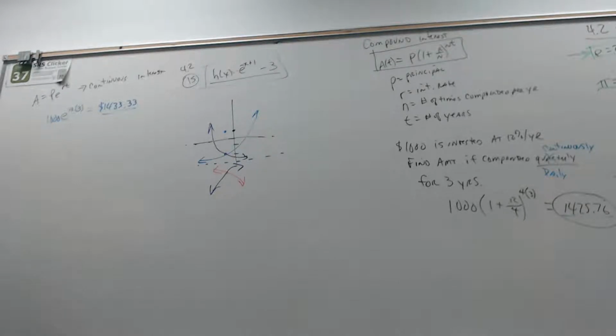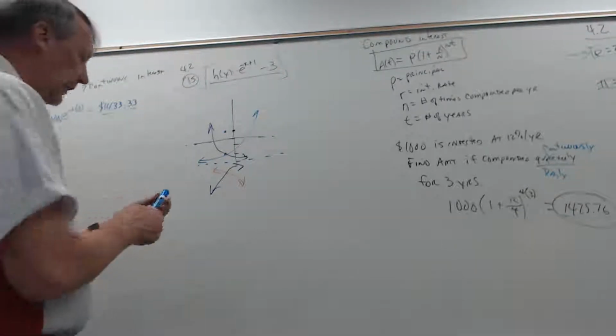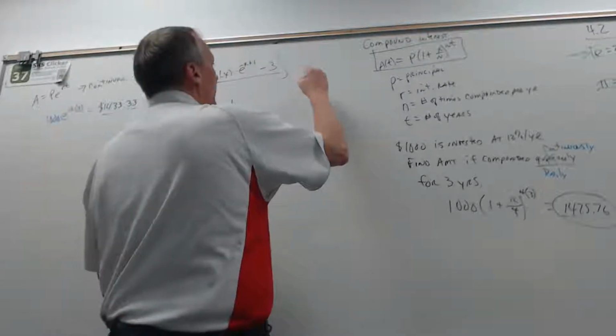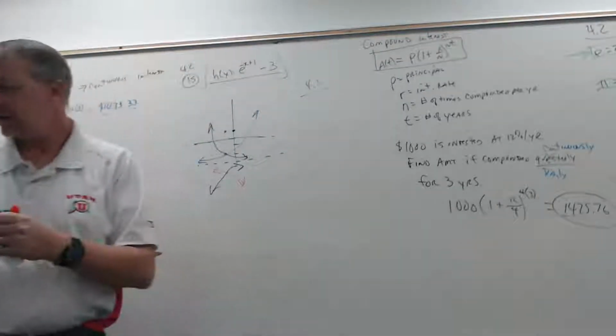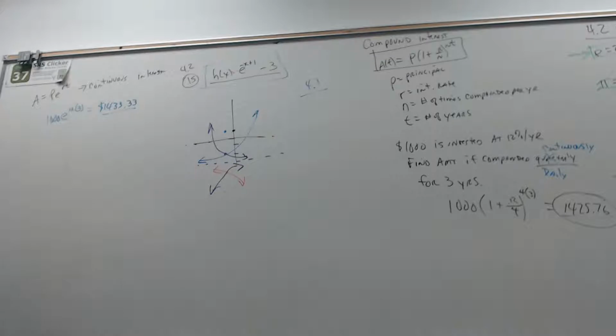Okay, let me look at this really quickly. I would like you to do a couple of these interest problems. So here I will write this on the board. 4.1, in addition to what I've already assigned, and I know it's a lot.